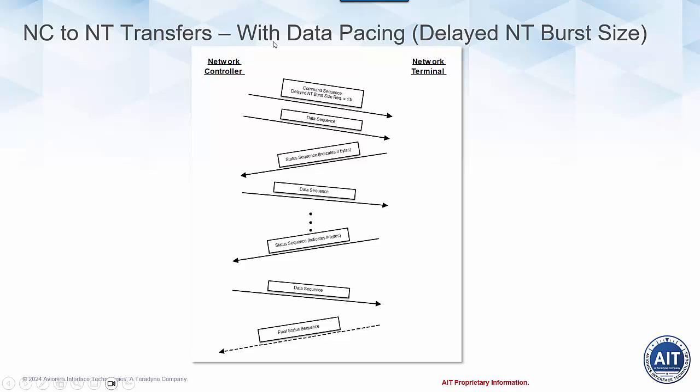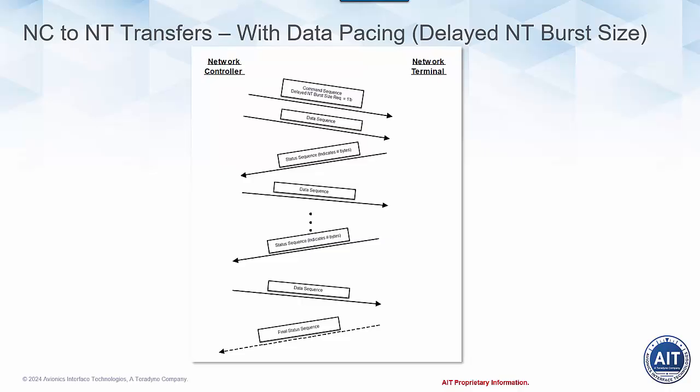Then there's the second way to do data pacing using the delayed NT burst size. That's one of the other bits in the command sequence header. With the delayed NT burst size bit set, the command sequence is sent, and then it's immediately followed by a data sequence up to a maximum size.